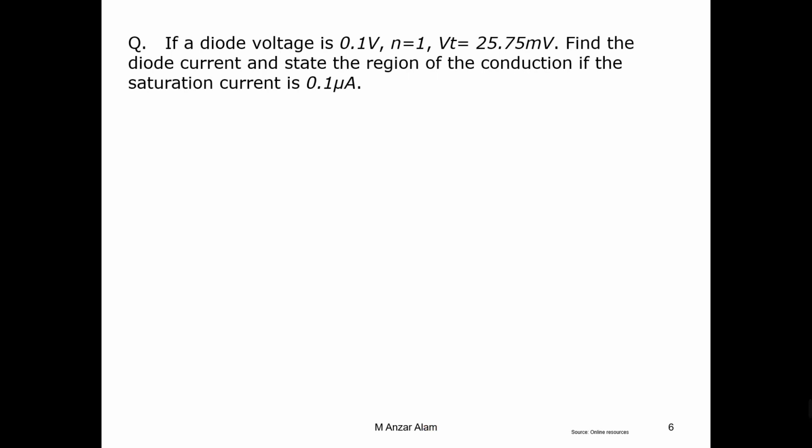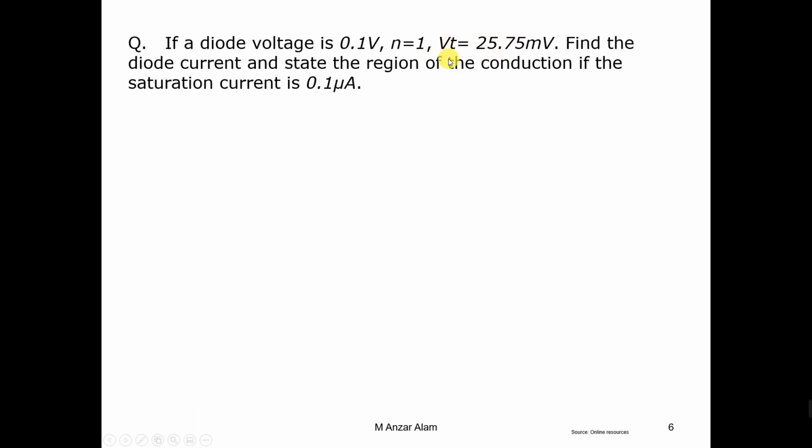Now, a numerical example: if the diode voltage is 0.1 volt, N is equal to 1, and VT is the thermal voltage constant, which at room temperature is calculated as about 25.75 millivolt.